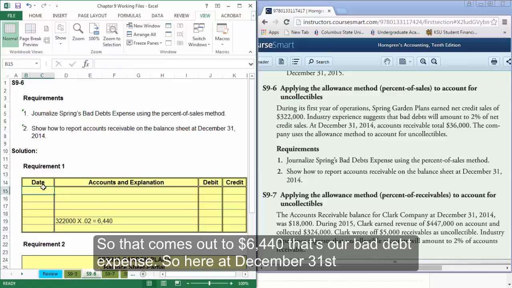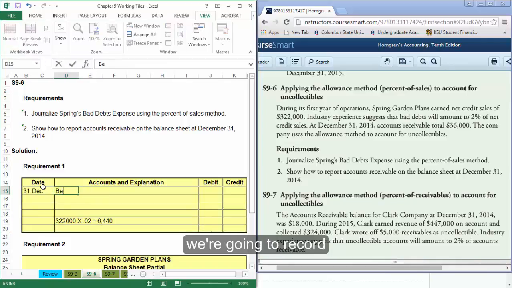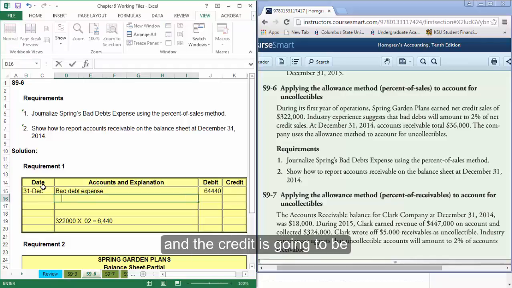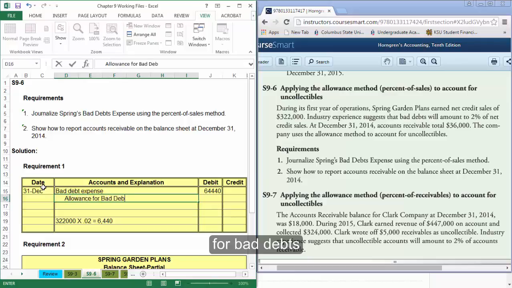So here at December 31st, we're going to record bad debt expense of $6,440, and the credit is going to be to allowance for bad debts.